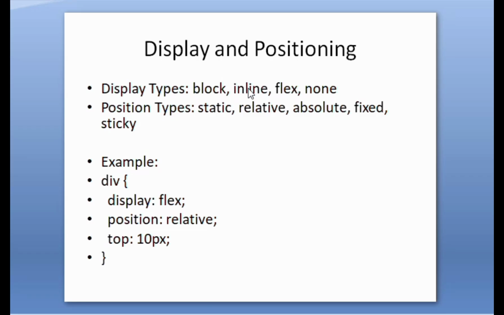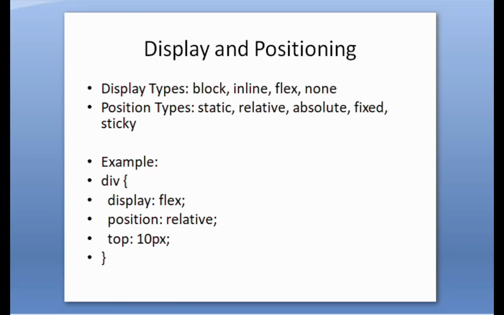If you watched my last video, I used display flex to arrange that element horizontally. And the next one is none, which hides the element completely, not visible and not in the layout flow. So let's see an example of each one by one.